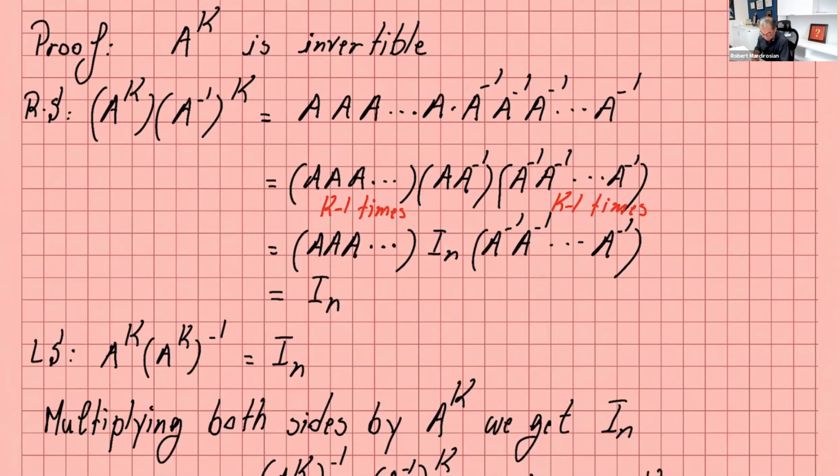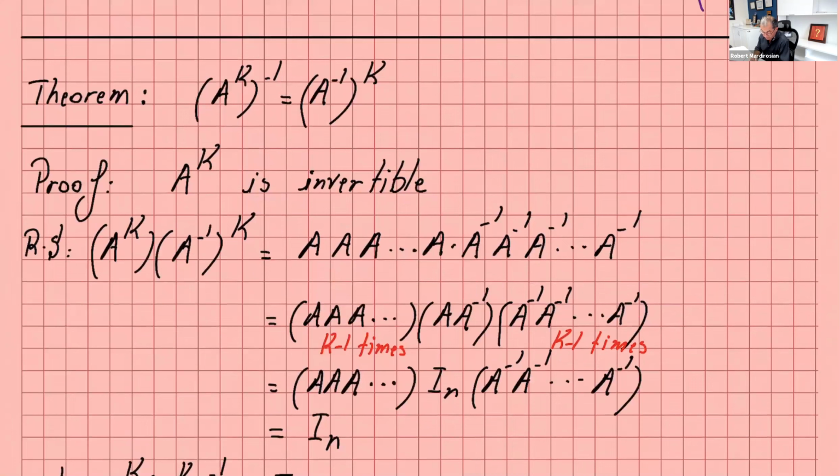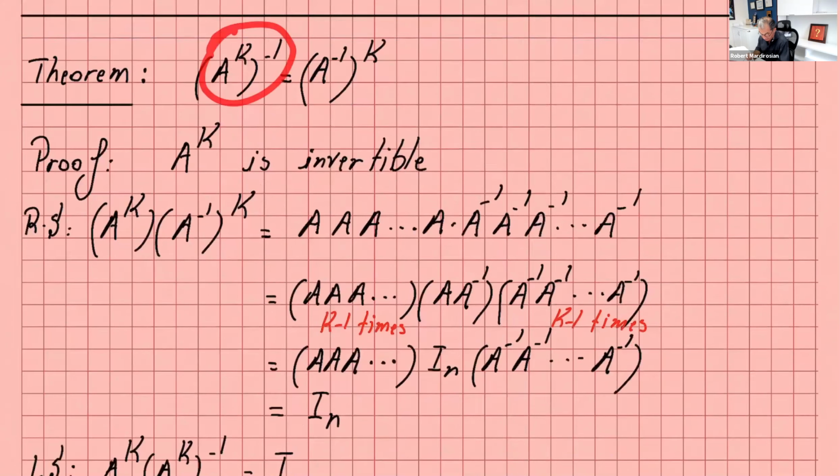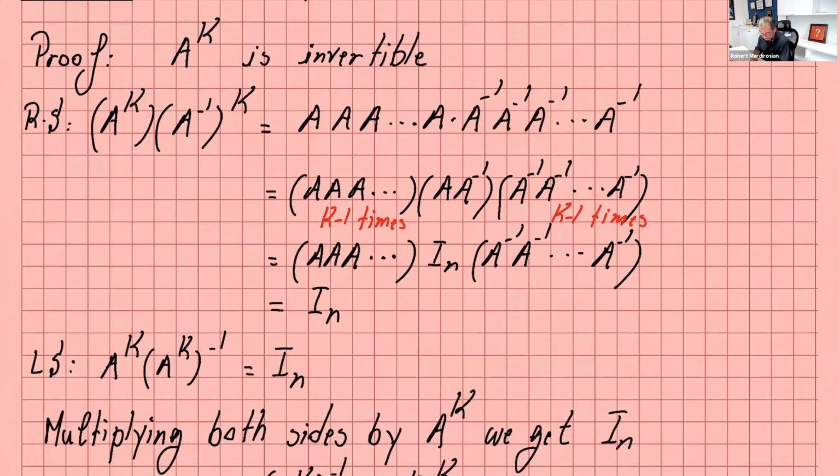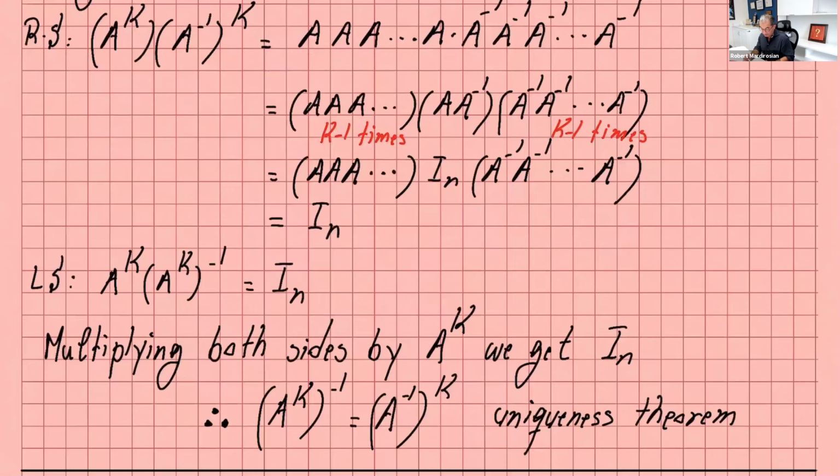So if we take the left side, which is (Aᵏ)⁻¹, and multiply it by Aᵏ, we know we're going to get Iₙ.